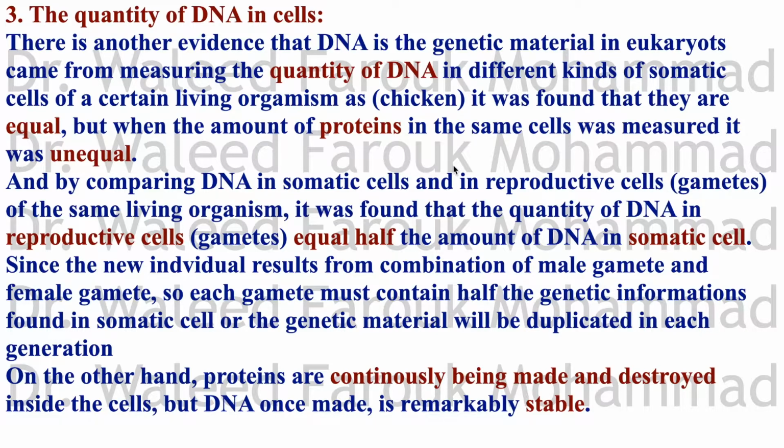And this we know why, because there is a female gamete and a male gamete, and both complement each other to form the full diploid number of chromosomes of the organism. Okay, also the proteins are continuously being made and destroyed, not like DNA, which is very stable among the cells.